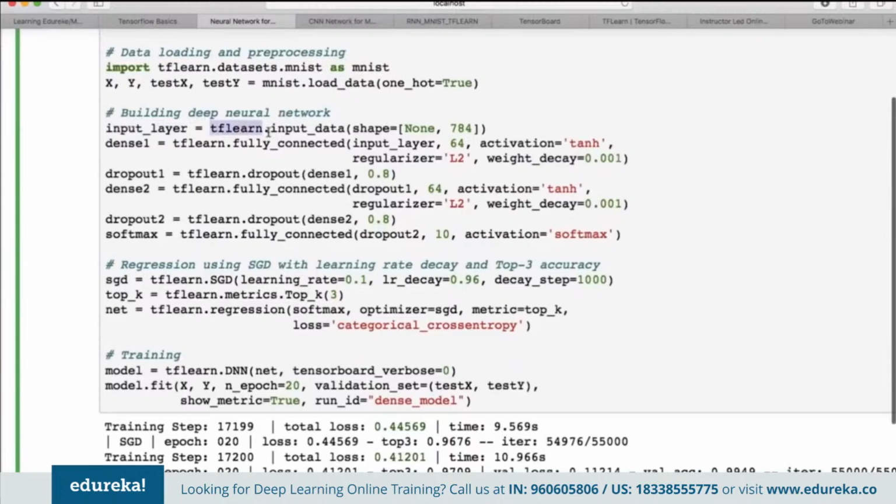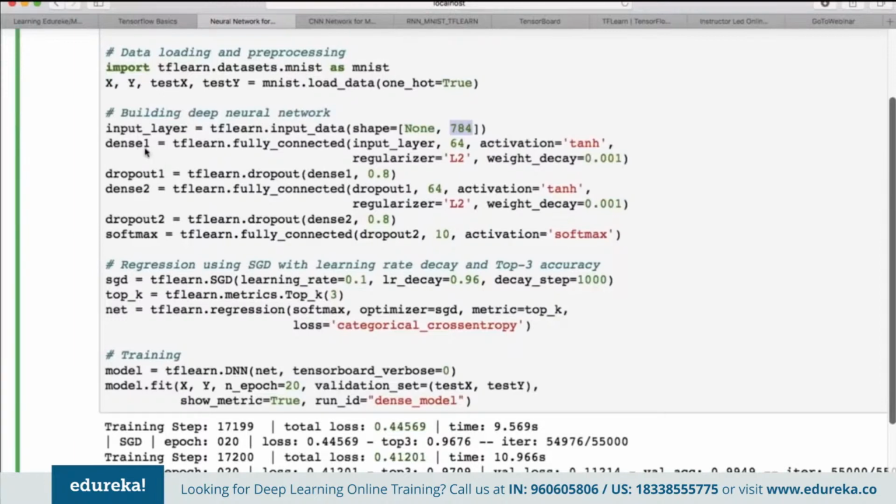So we do tflearn.input_data, that's the syntax, with shape equal to None and 784. Why None? We are not specifying how many examples we're going to use, but 784 is the number of pixels in the image, because the image is 28 by 28, and if you multiply these two it comes to 784. And the channel is 1, because all the images are black and white.